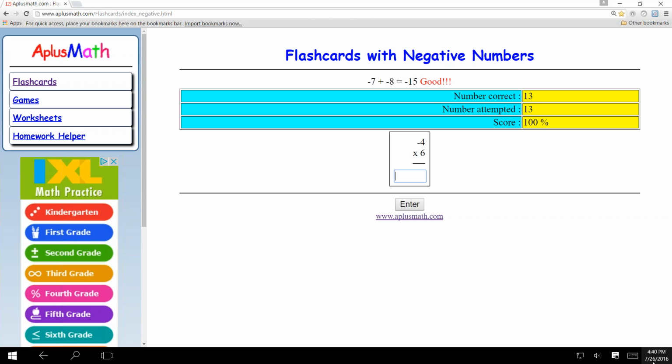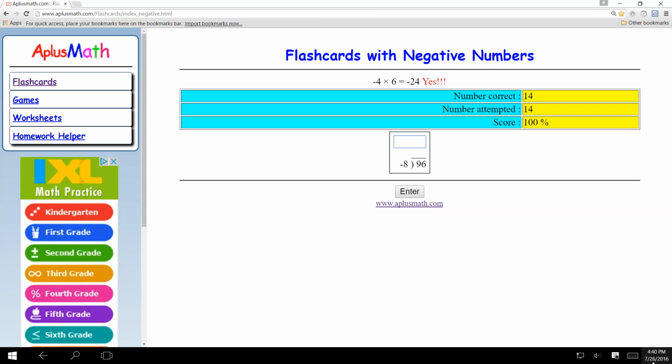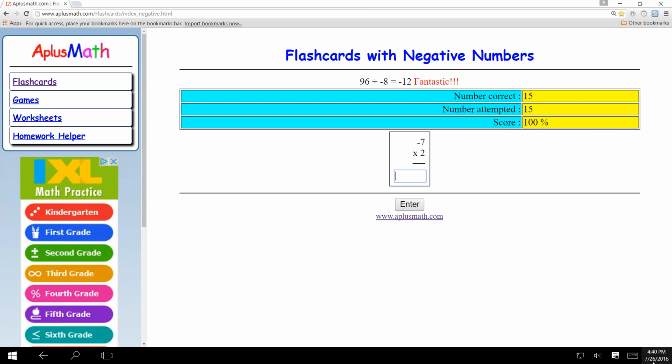Count up 4 of them. 6, 12, 18, 24. So it's going to be negative 24. Not only is 24 what 4 times 6 is, but it's also what 8 times 3 is. Odd for them to give us the same problem immediately, almost.